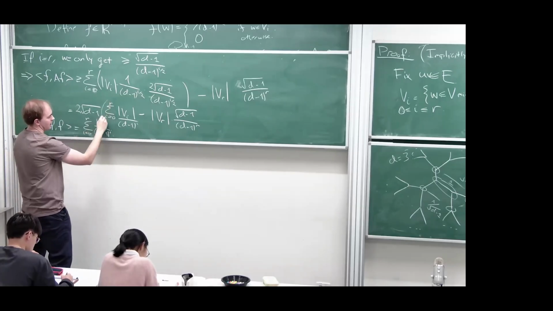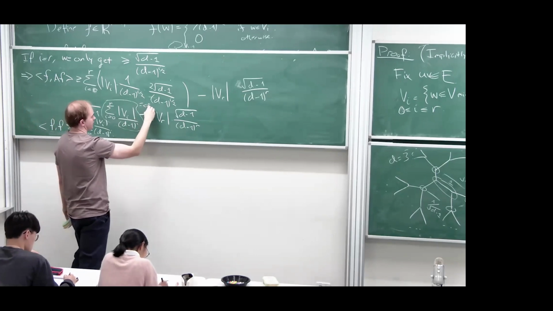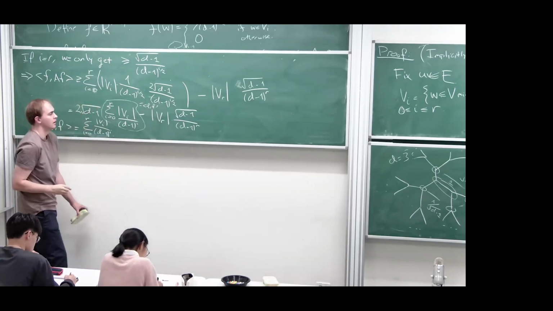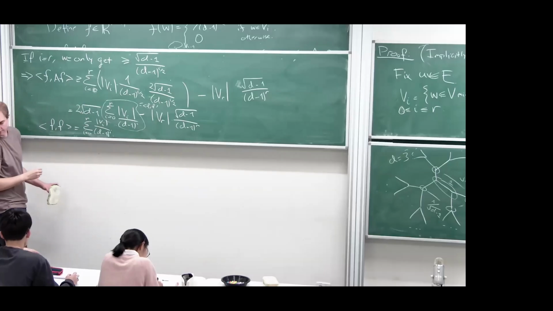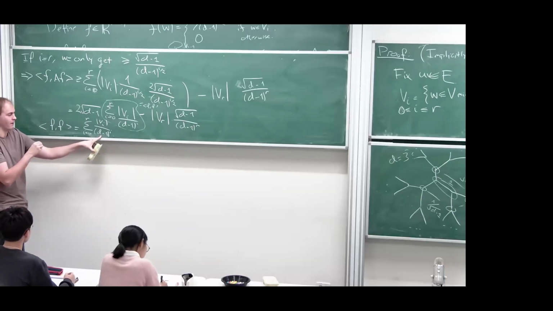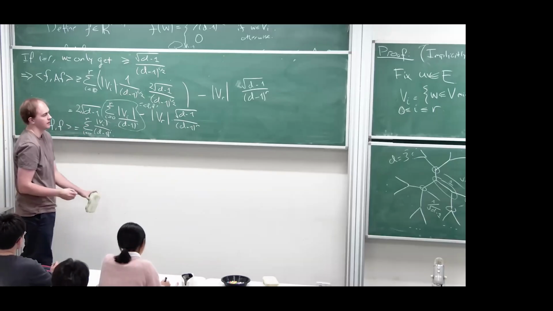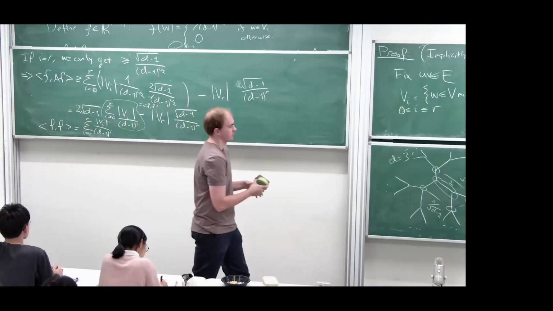So in particular, this term is just the L2 norm of f squared. And this just follows from the fact that each vertex in V_I has weight 1 over the square root of (d-1)^I, and there are |V_I| of them in V_I.